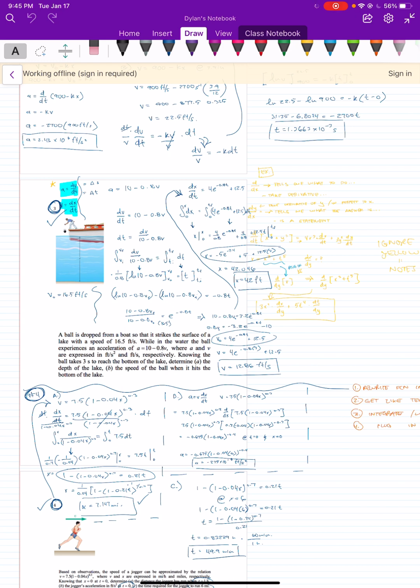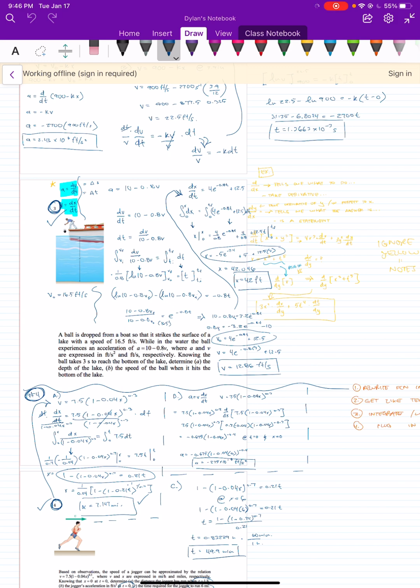Oh yes, so I solved for my initial velocity and then my final velocity, which I didn't label as final, but that's what that is. And then for part B, I needed to know the speed of the ball when it hits the bottom of the lake, so therefore I had to find the position of basically where it hit relative to where it was released.